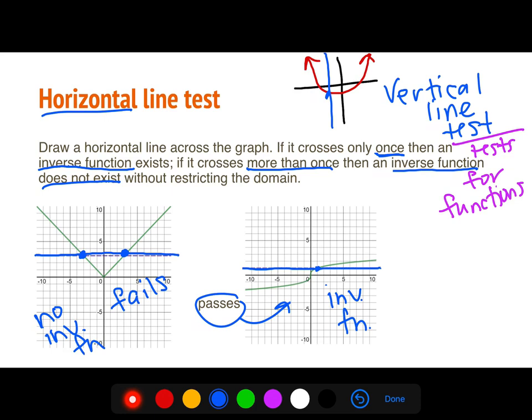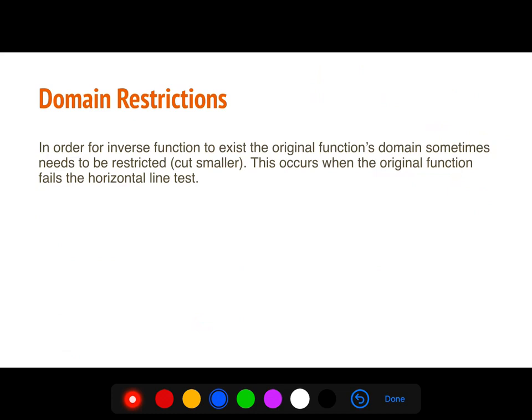Now, why is that important? Because we want to know if the inverse is actually a function or not. So here's where we get a little bit crazy in Algebra 2. It's called domain restrictions. Sometimes the original function's domain has to be chopped up a little bit so it will pass the horizontal line test.